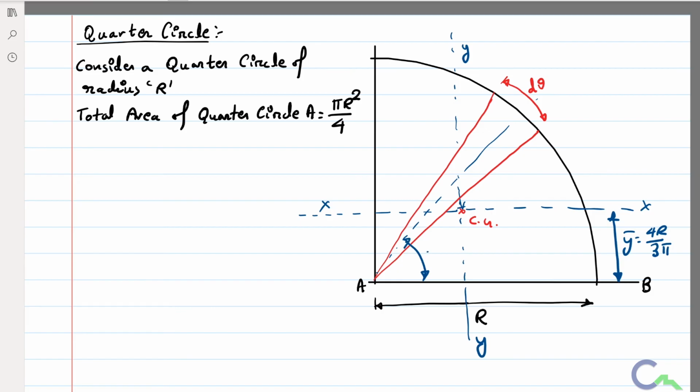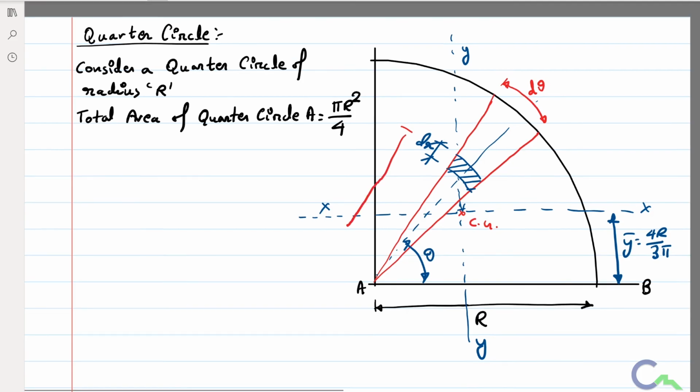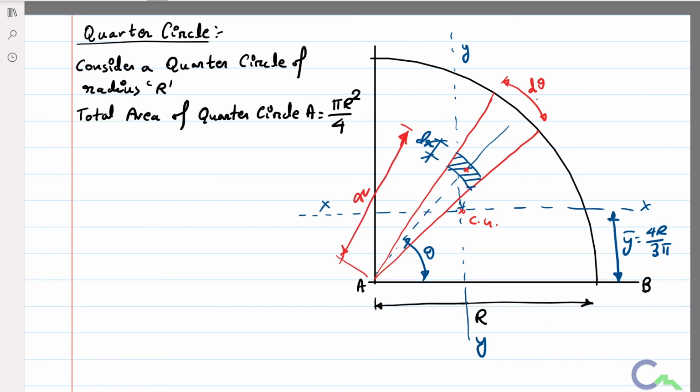Then the thickness of the elementary strip in the radial direction, I will take dr at a distance of r. I will assume the centroid of the elementary strip at a distance of x and at a distance of y from the AB reference axis.